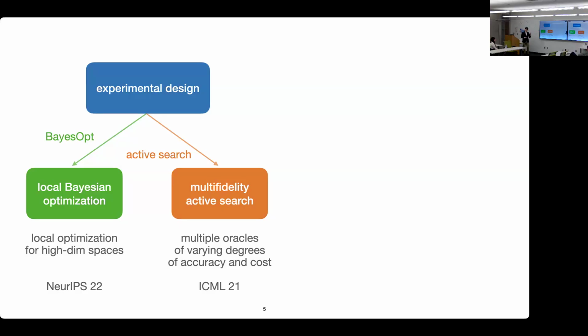When inspecting a molecule, you can think of running a simulation on a computer as a low fidelity oracle that tells you some approximate answer to what you're looking for, and performing an actual experiment in the lab will be a high fidelity oracle. So how can you balance between these different oracles to maximize scientific discovery, which is the question that we care about in this work?